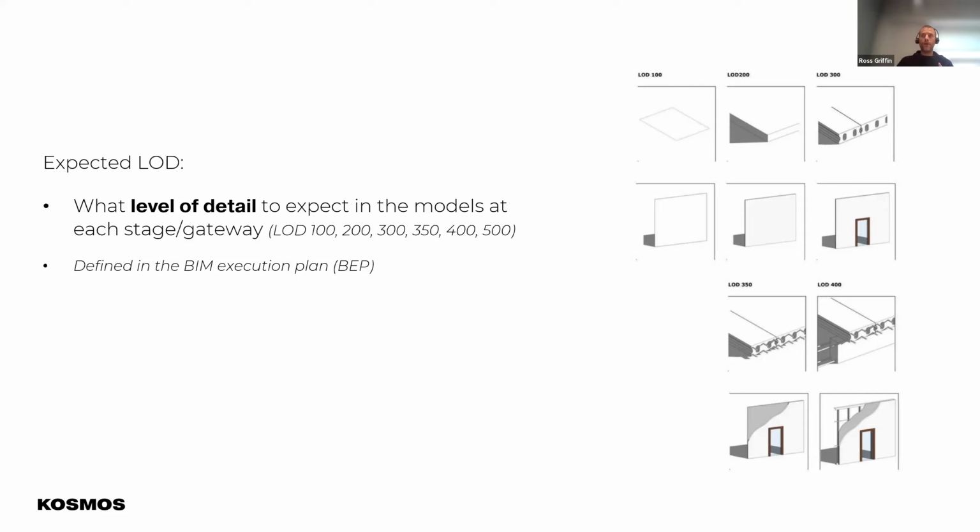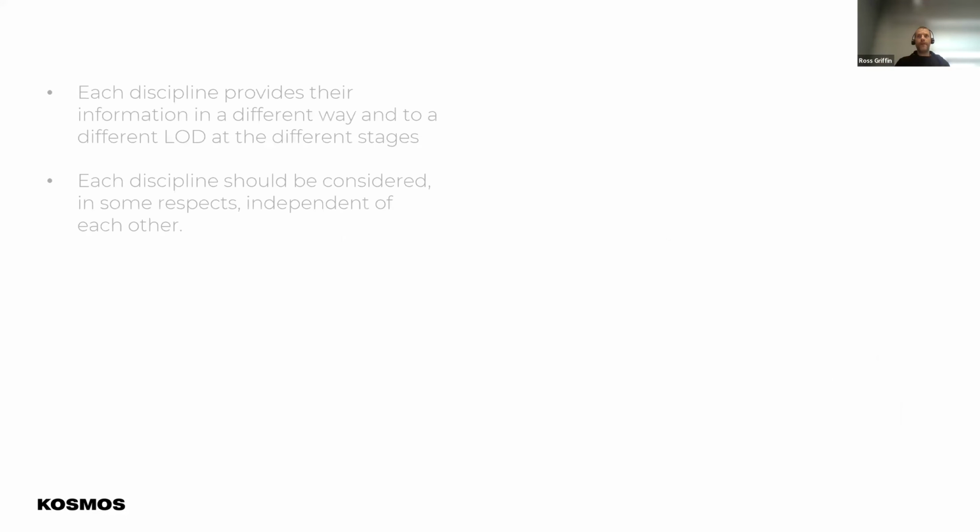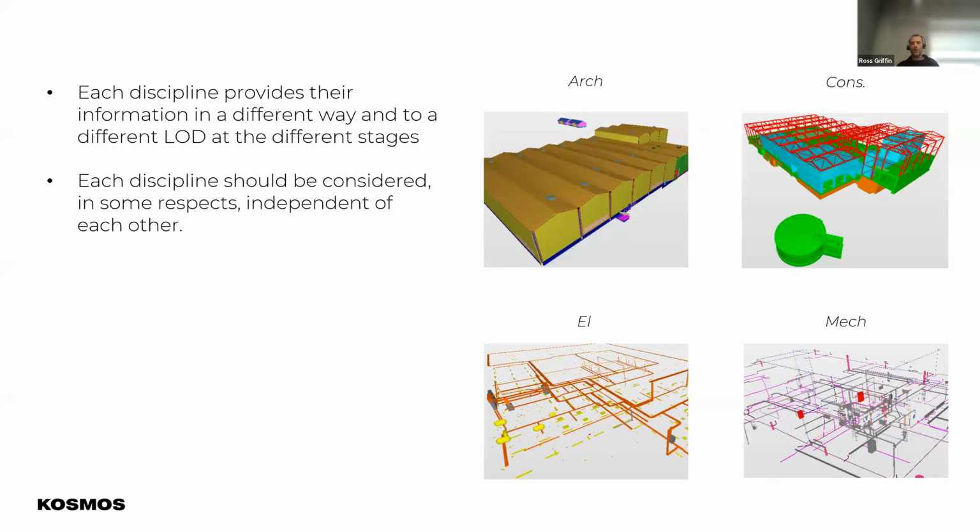So looking at the LODs, it's also important to understand that in these early stages, not every discipline is designing to an LOD 200. What do I mean by that? As we know in the early stages, your services isn't really there.